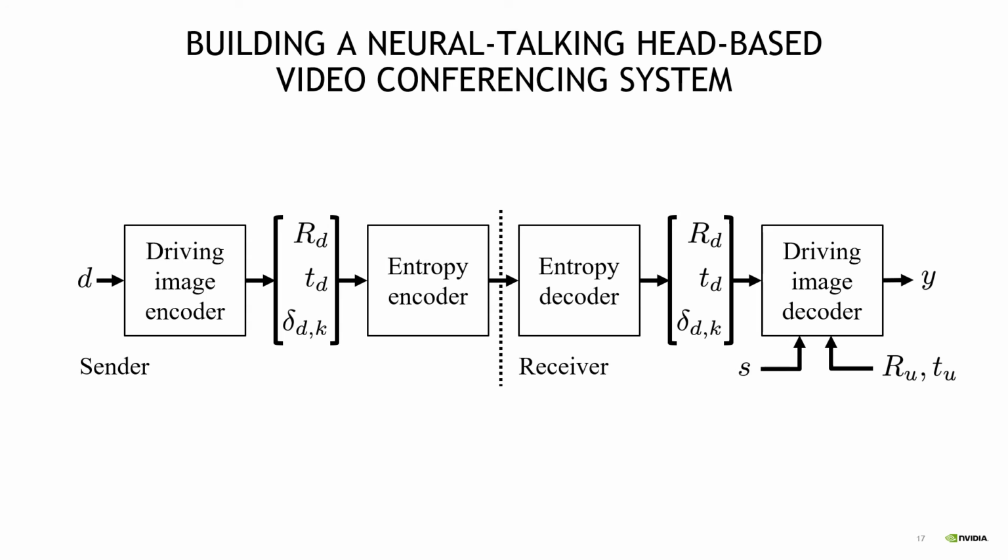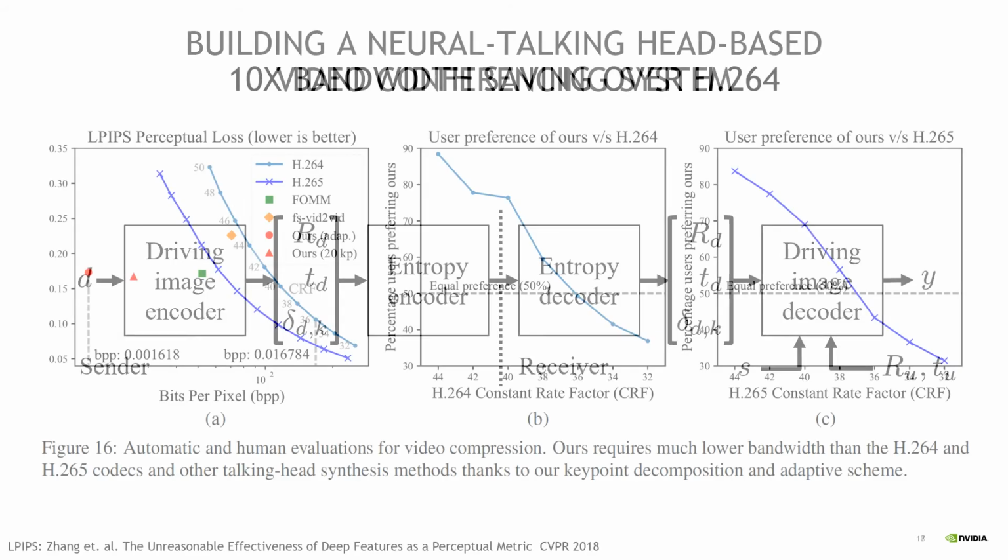And if you don't like the head pose, you can specify your own. Because the rotation, translation, and expression deformation are such a small set of numbers, they are very easy to compress, and that's how we can achieve high compression rates over H264.